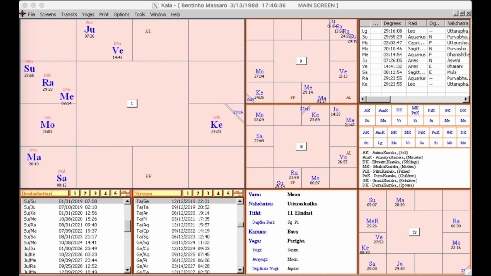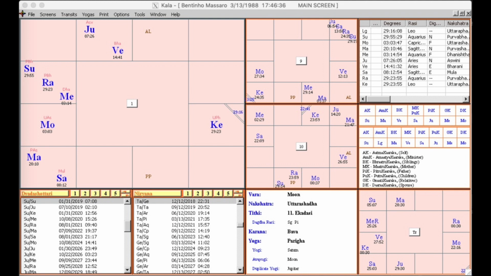What house is the Moon sitting in? 2, 3, 4. Fifth house. Oh, no, it's not the 5th house. 6. Sorry, 6th house, yes.